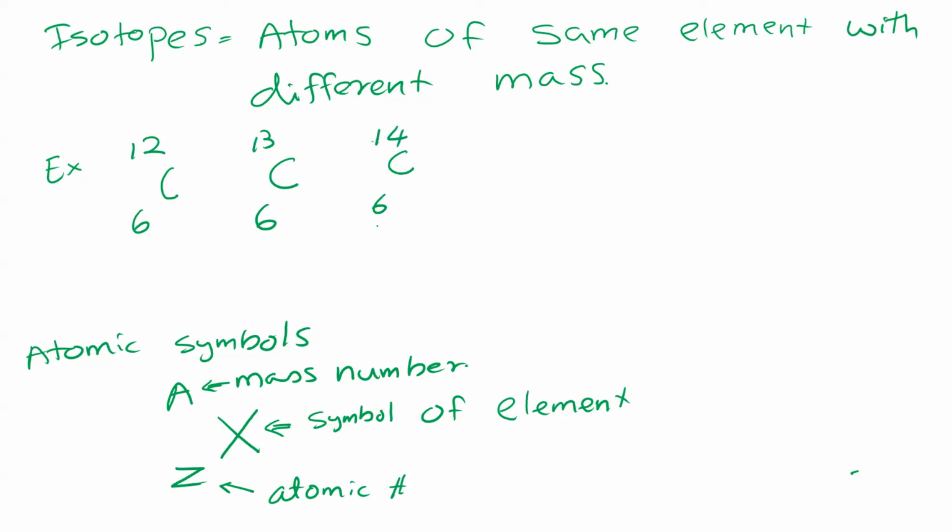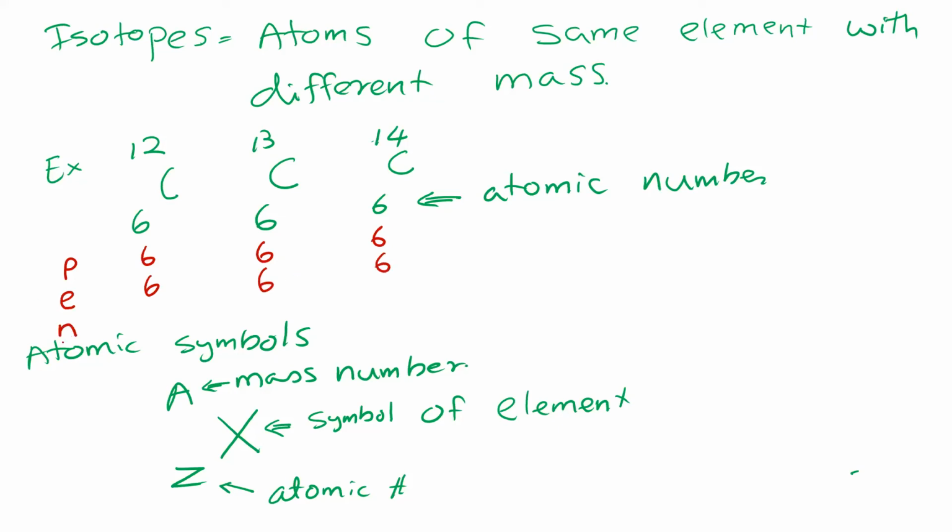Now, since the atomic number is the same, they all have the same number of protons. They all have 6 protons, and you don't see a charge, so they are neutral atoms. In a neutral atom, the number of electrons and the number of protons are equal, so they have the same number of electrons.